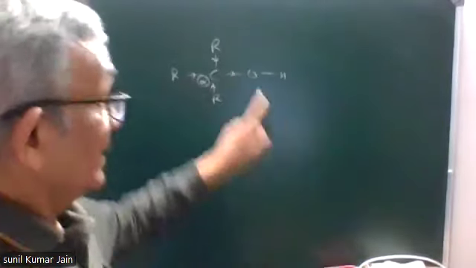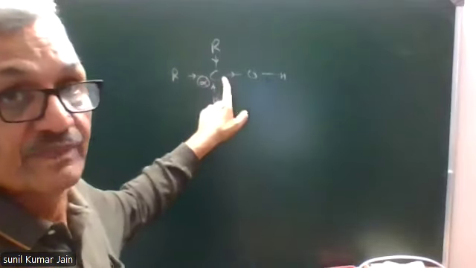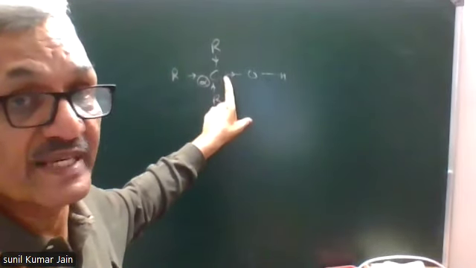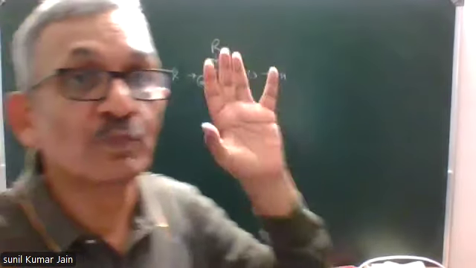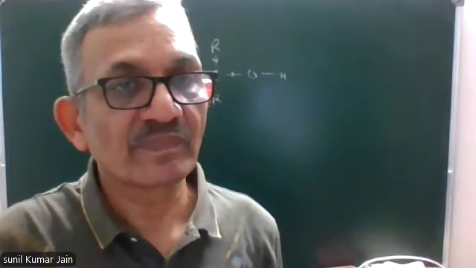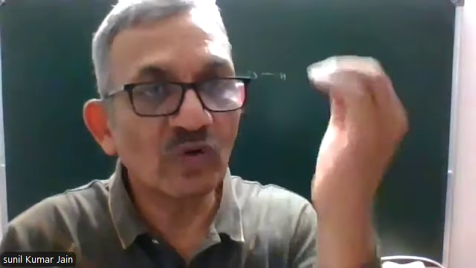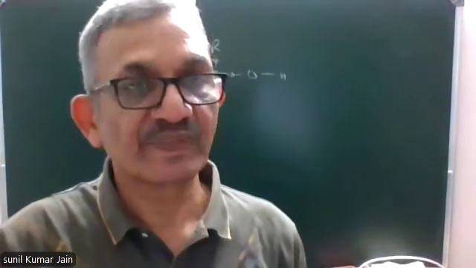Now look here. If the alkyl groups attached to the alpha carbon atom are more, as in tertiary, then plus I effect will be more. Electron density at oxygen will be high. Polarity of the OH bond will be less.